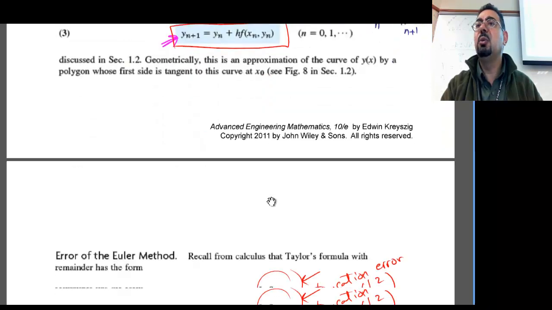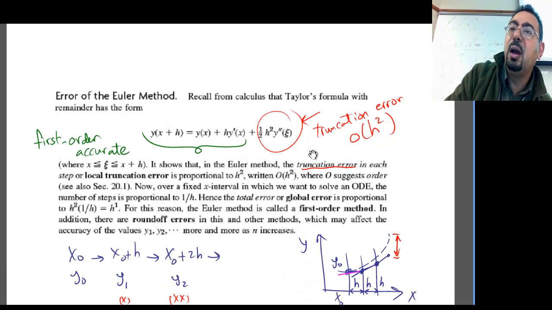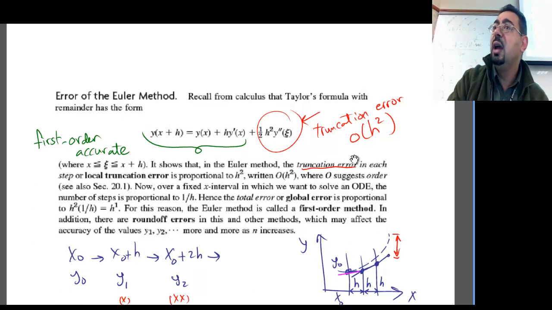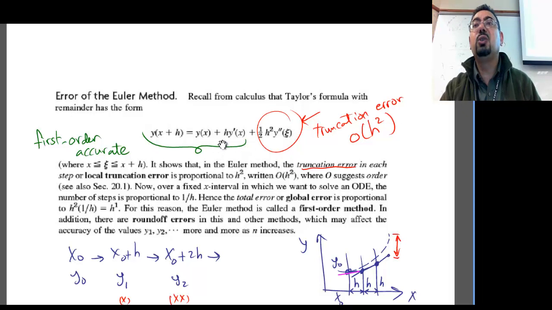Okay, let's see an example to understand what's going on. Again, what we are leaving behind is the truncation error, and it's of order h squared. That makes this formula first order accurate, because if you divide by h, you get a first order accurate method.